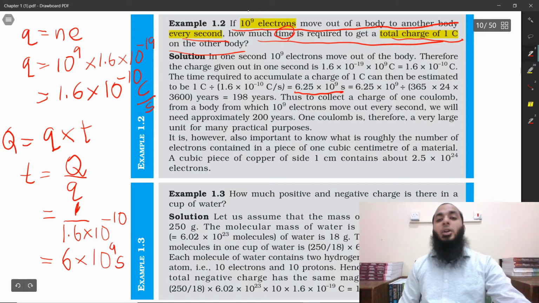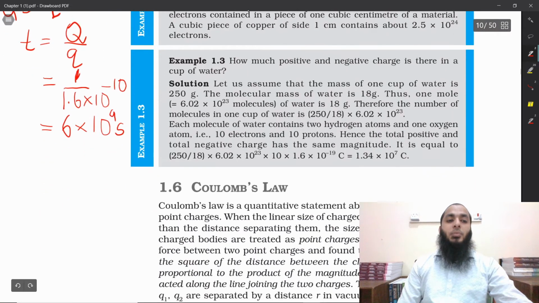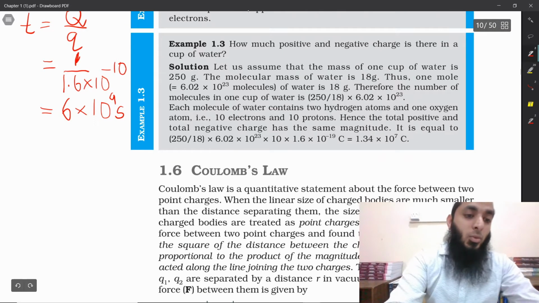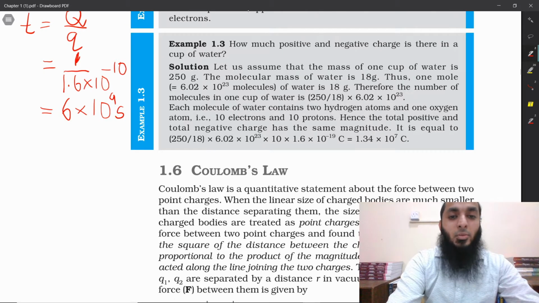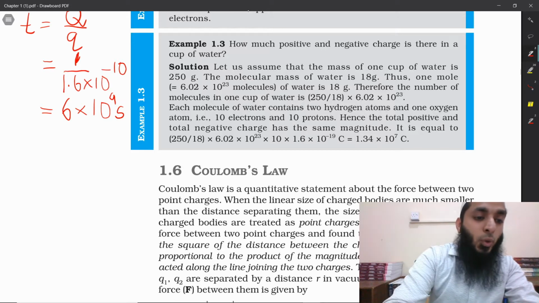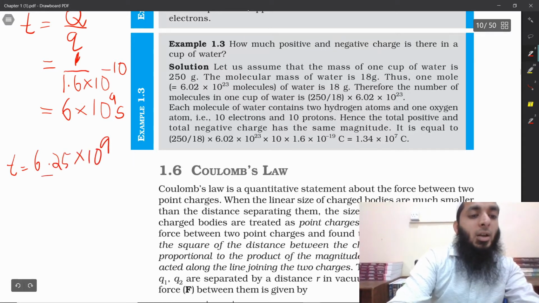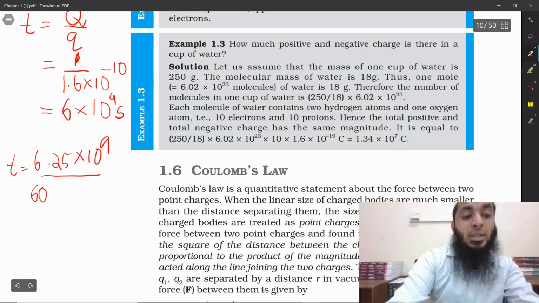But how do you convert it to years? We know that 60 seconds is 1 minute, so to convert from seconds to minutes you divide by 60. So 6.25 multiplied by 10 raised to 9 seconds is converted to minutes by dividing by 60.